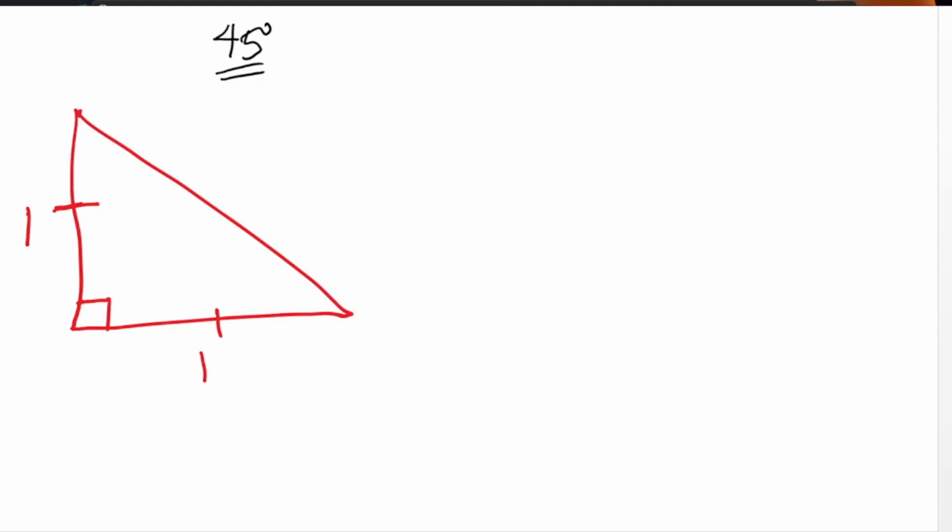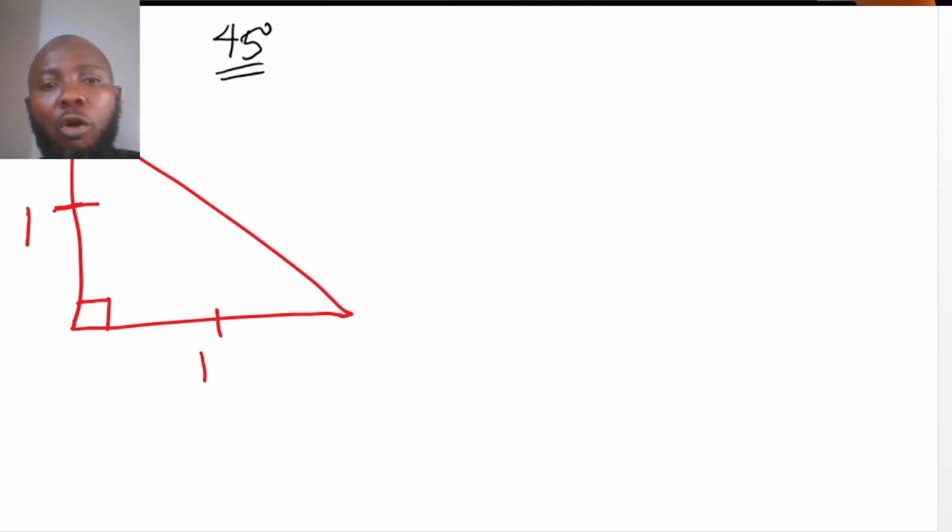We want to get the 3 basic ratios of 45 degrees, that is sine 45, cos 45, and tan 45. I hope I'm making sense. So we want to get the value of sine 45, the value of cos 45, and the value of tan 45. That is the purpose of this.